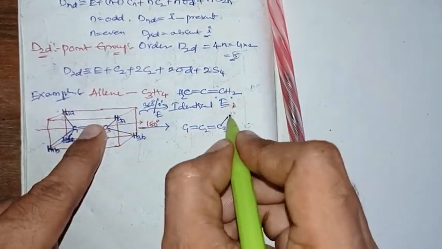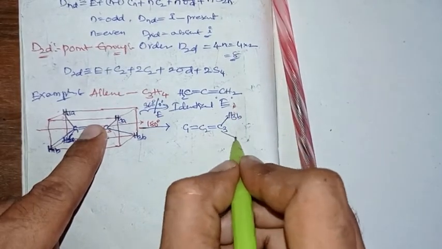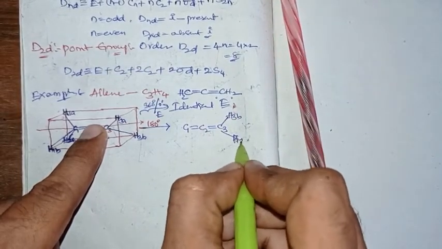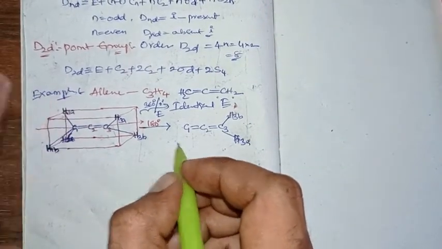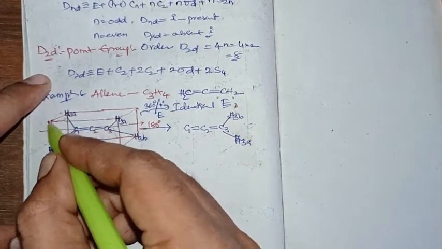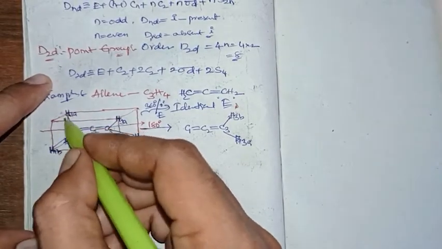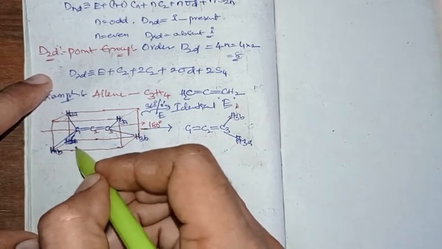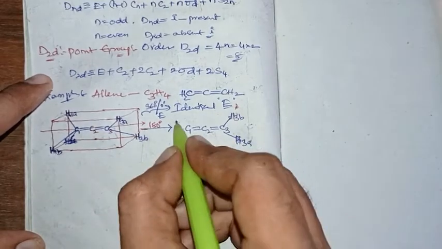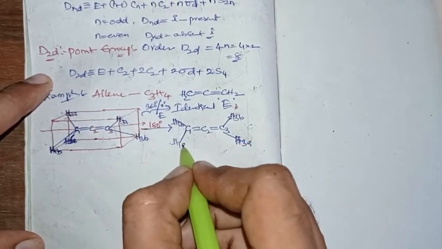Likewise, the hydrogens of the other methylene group, when they do the half rotation of 180 degrees, H1A reaches the H1B position and H1B reaches the H1A position, H1B here and H1A here.